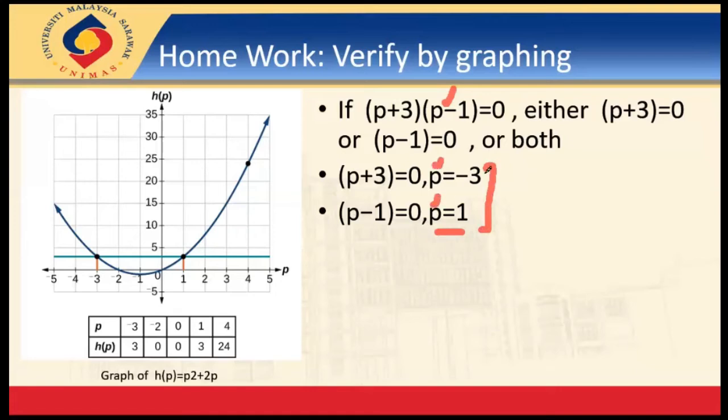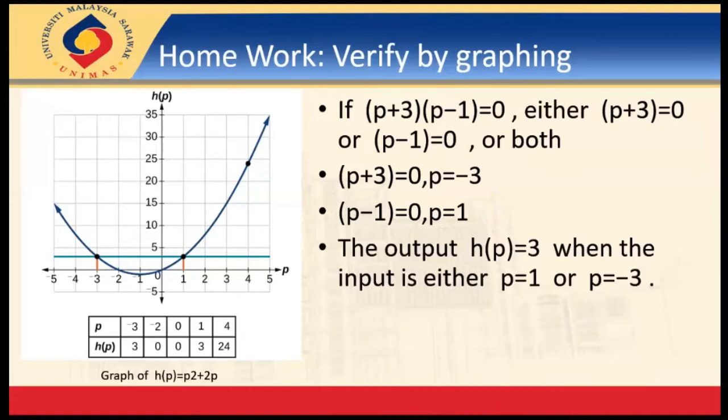But two possible values, one negative 3 and one positive 1. So in such a case, the output of h of p is equal to 3 when the input is either 1 or negative 3. You see, negative 3 gives 3, and 1 also gives 3.